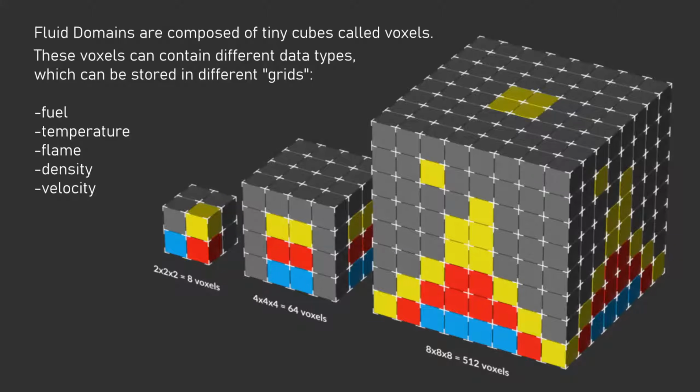will be managing. Now, in a fluid simulation, the amount of voxels that we can calculate depends on our graphics card memory. The more memory you have in your graphics card, the larger domains you will be able to simulate, and the more detail your effects will be able to have.